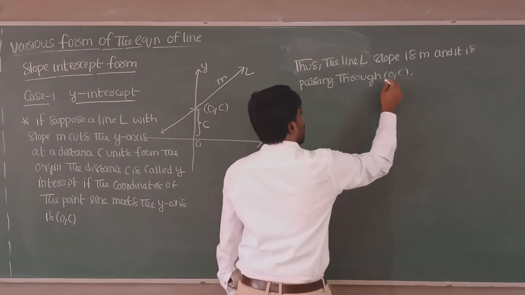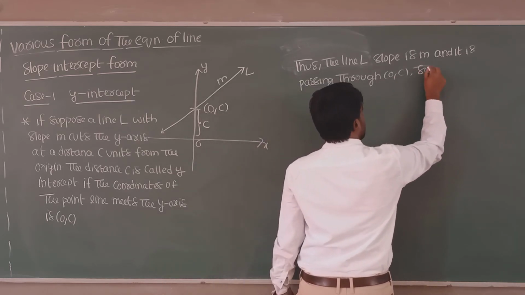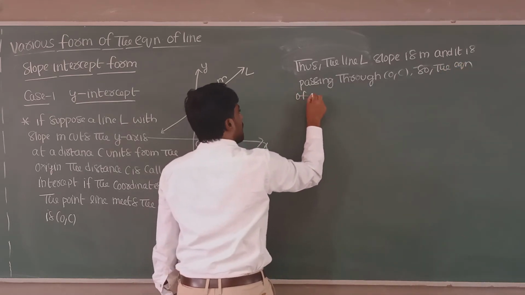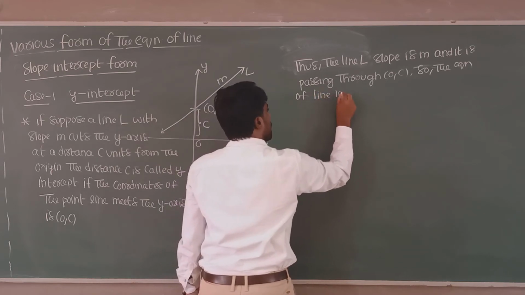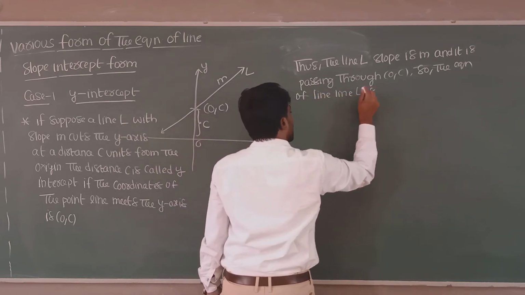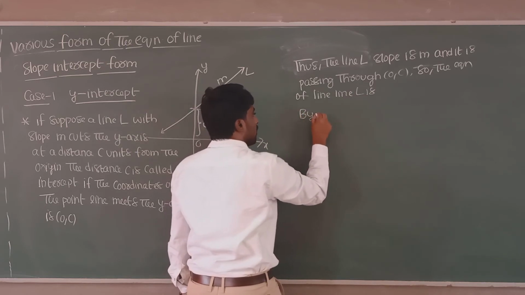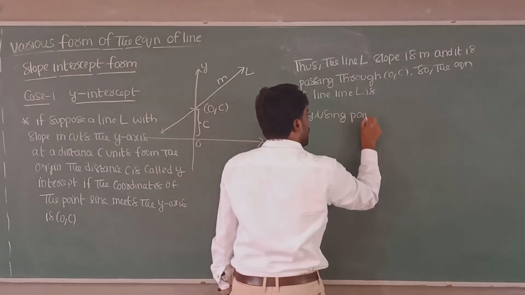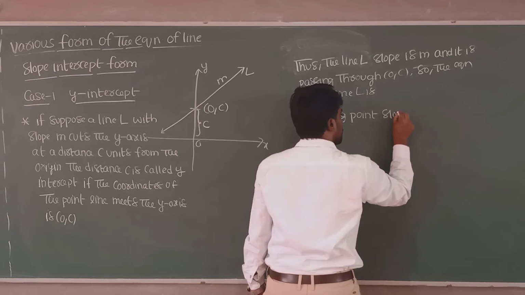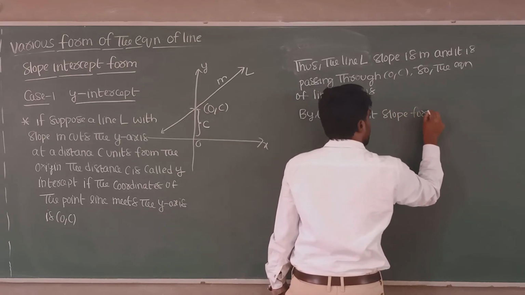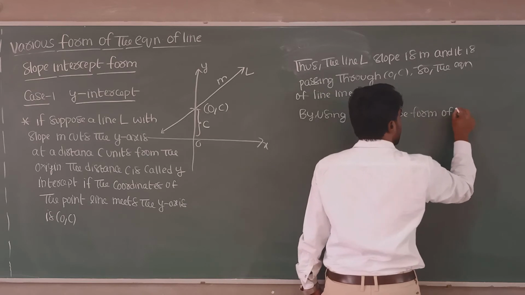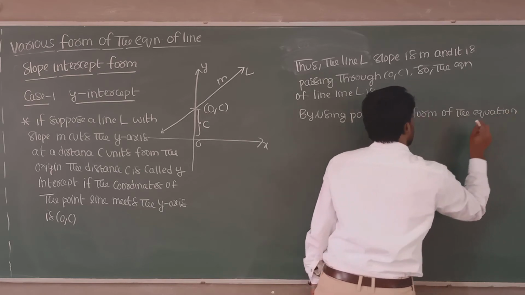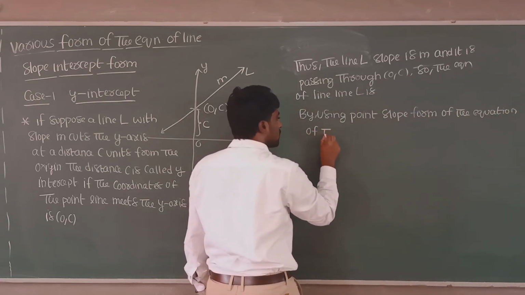Now the equation of line L: here I am applying the point-slope form of a straight line, the point-slope form of the equation of a line.